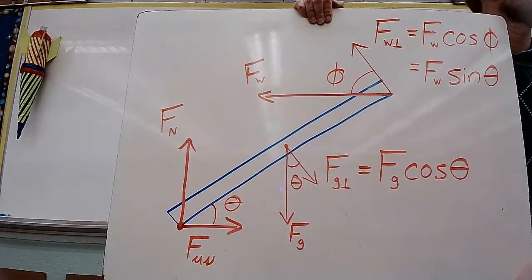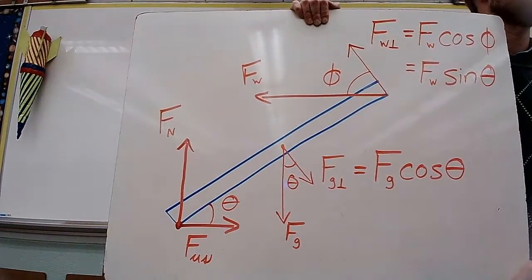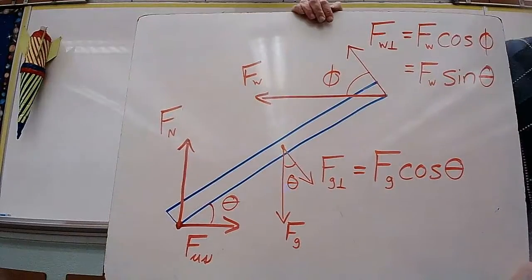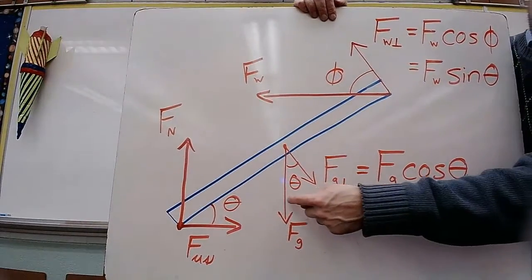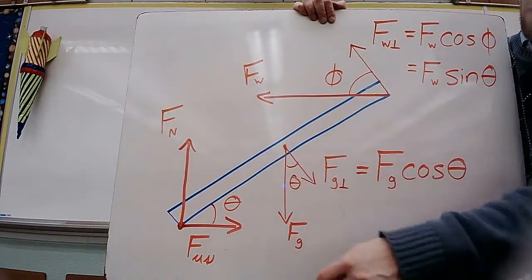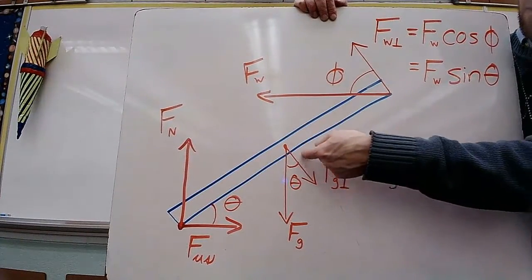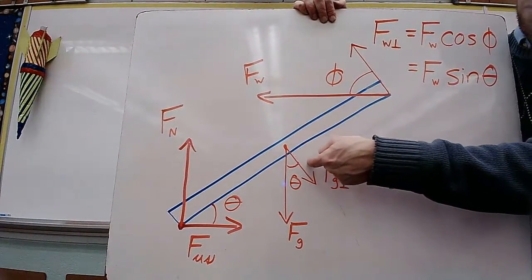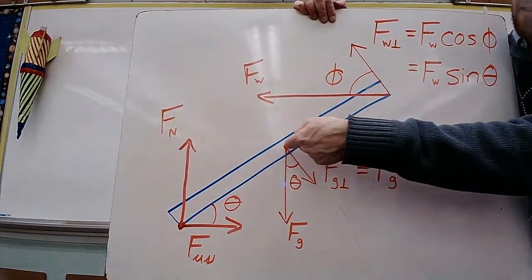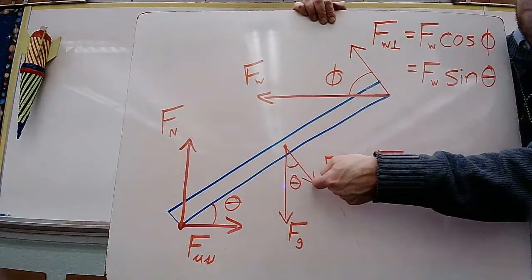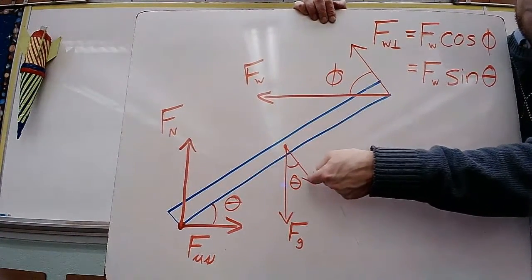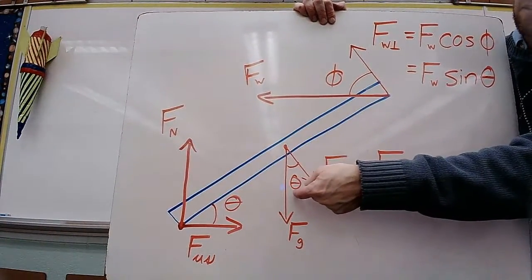Wait. No. How do you get Fg cosine? So if this is Fg, that's like the hypotenuse of your triangle. And this right here, that arrow, represents the portion of that gravity that's acting perpendicular to the board. And so it's the adjacent side of this angle here.